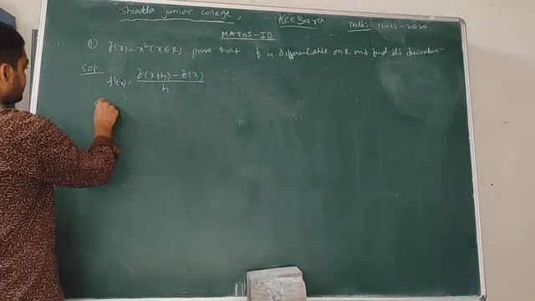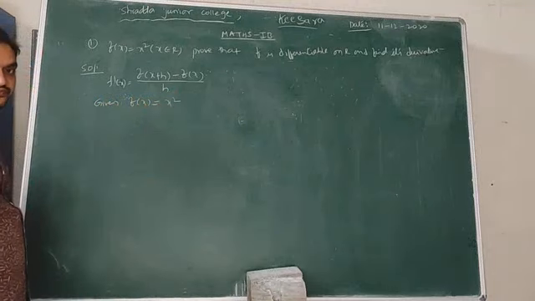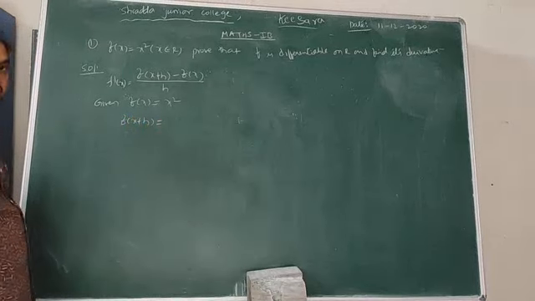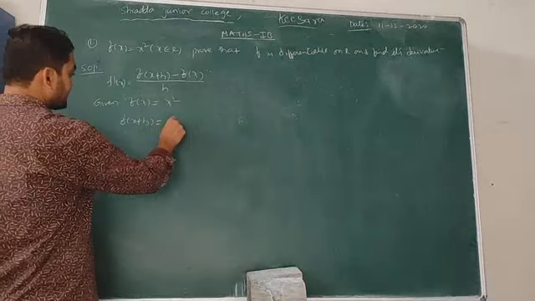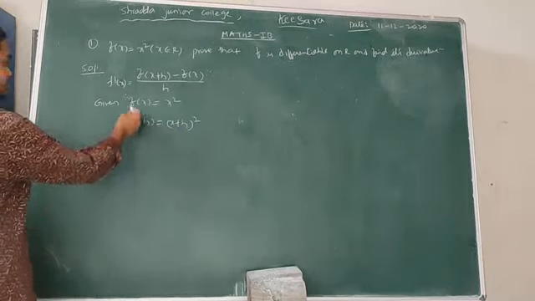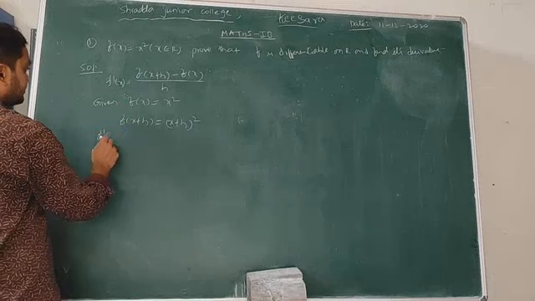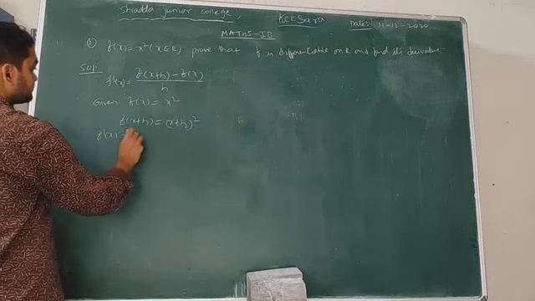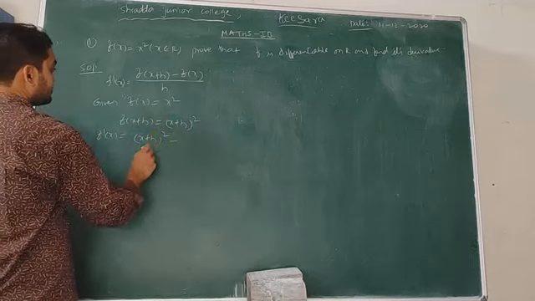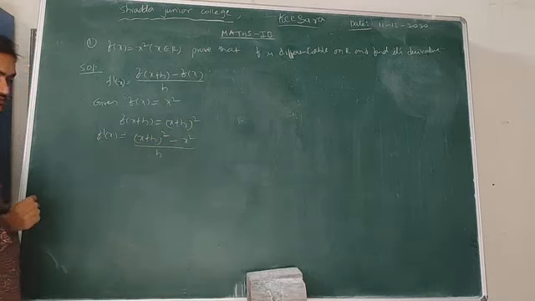Now what is given here? f of x equals x square. What is f of x plus h? In place of x, it is x plus h, meaning x plus h whole square. Substitute here. f dash of x we have to find. That is f of x plus h, meaning x plus h whole square, minus f of x, meaning x square, by h.